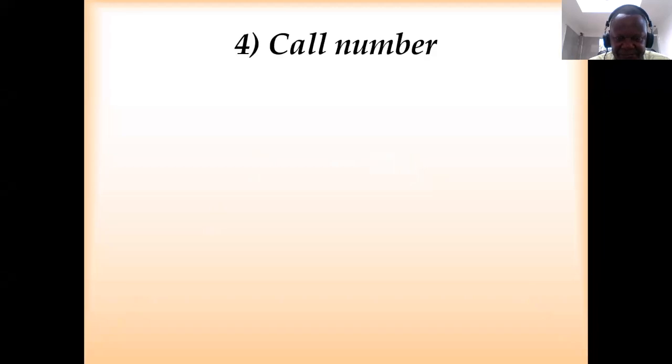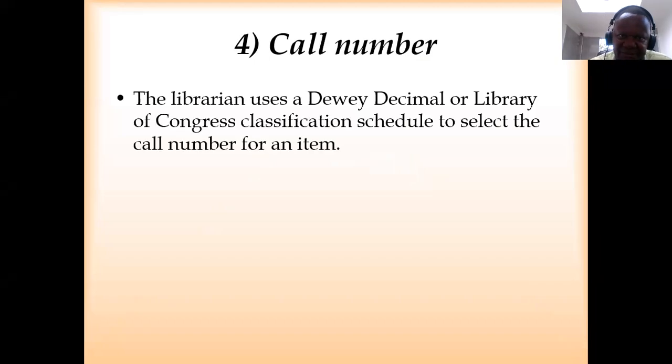Call number, we are familiar with this. Yesterday, the call number of the book we cataloged was 303.48 with the book number INF. So that is the call number. How we derive it, we use the DDC, or there is also Library of Congress classification.